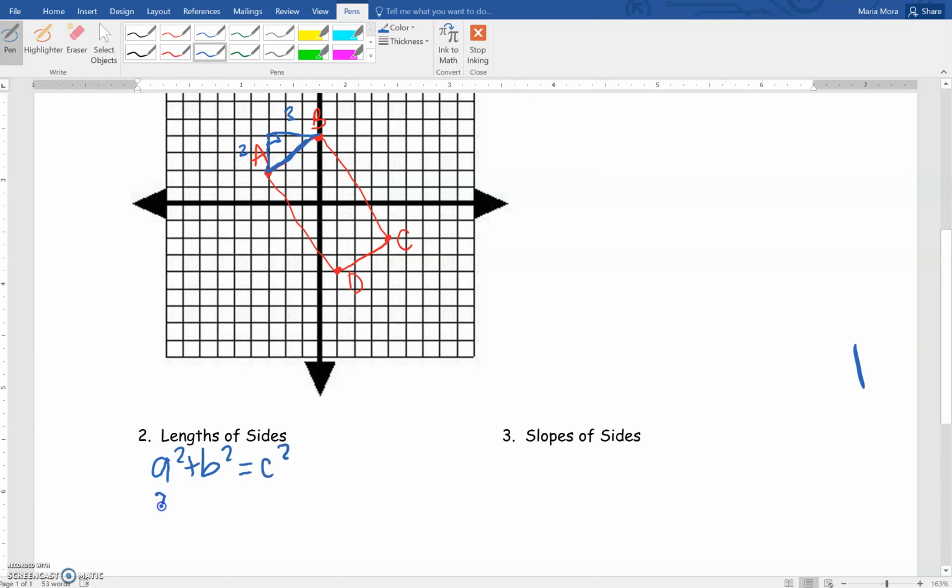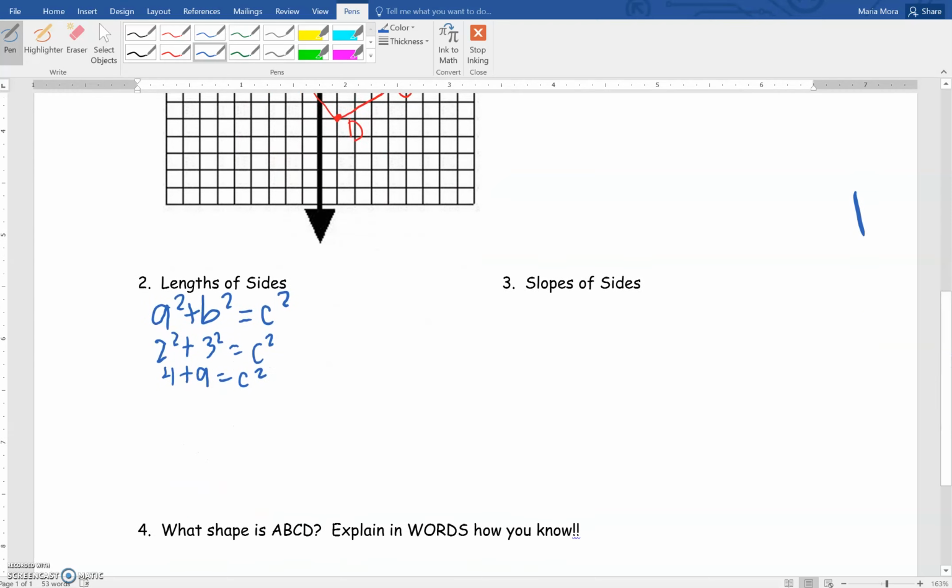And I'm getting 2 squared plus 3 squared equals c squared. So that's 4 plus 9. I'm going to scroll down a little bit. 4 plus 9 is 13. Take the square root of both sides.